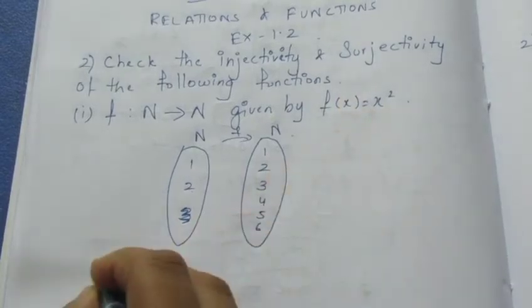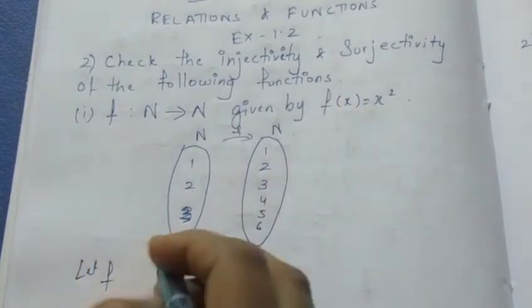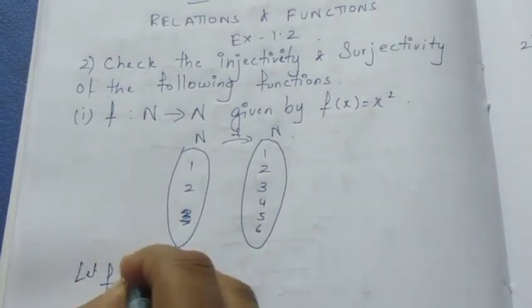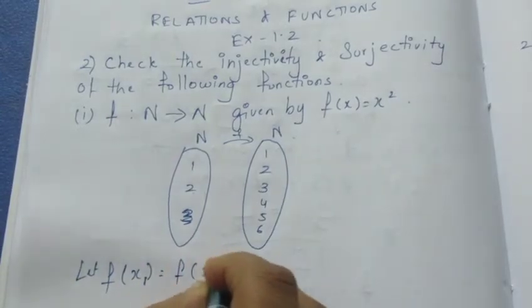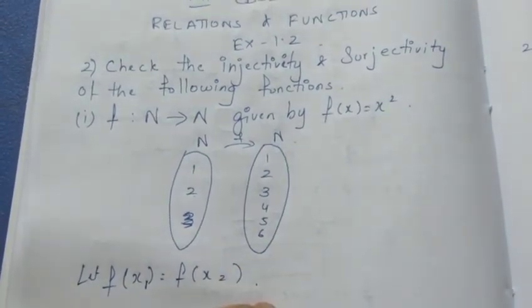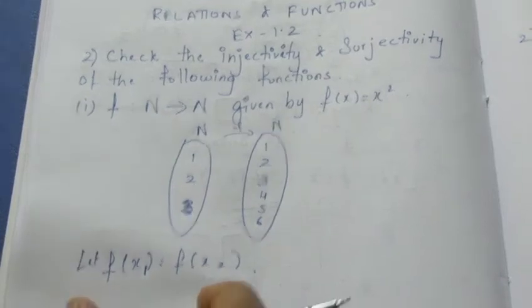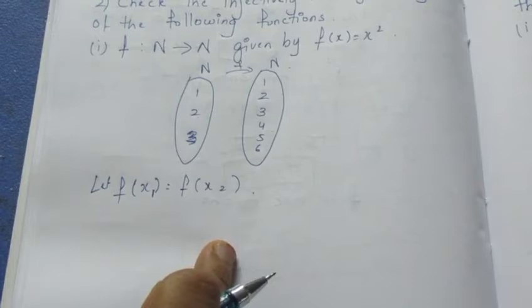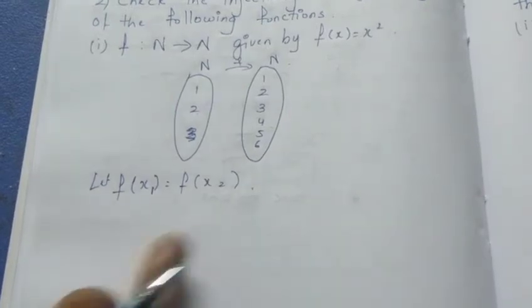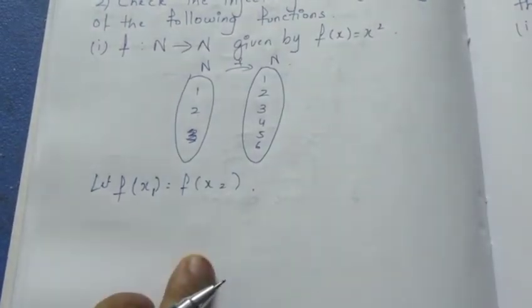Now let f of x1 is equal to f of x2. As I told before, for one to one we need to take f of x1 is equal to f of x2. If it gives x1 is equal to x2, then we can say that it is a one to one function. If not, it is not a one to one function.